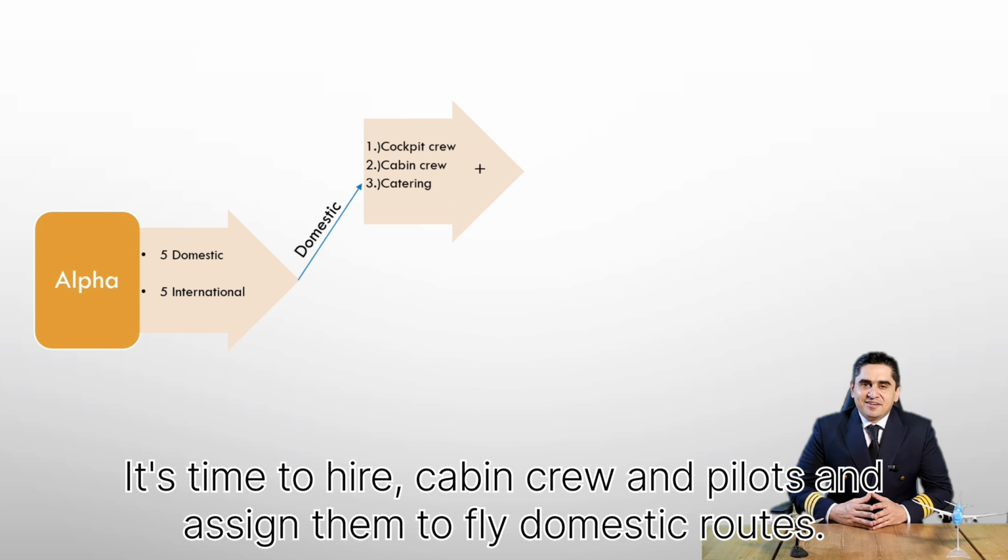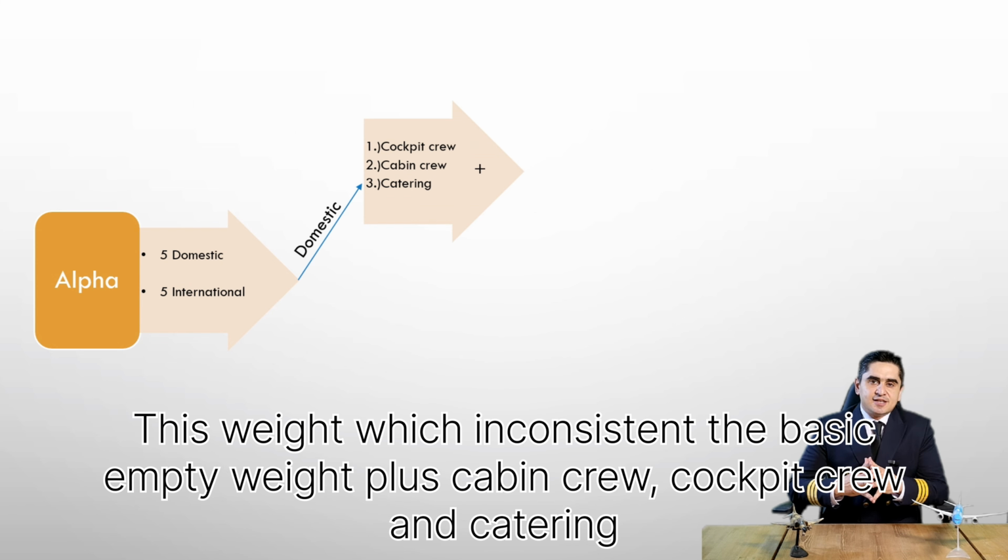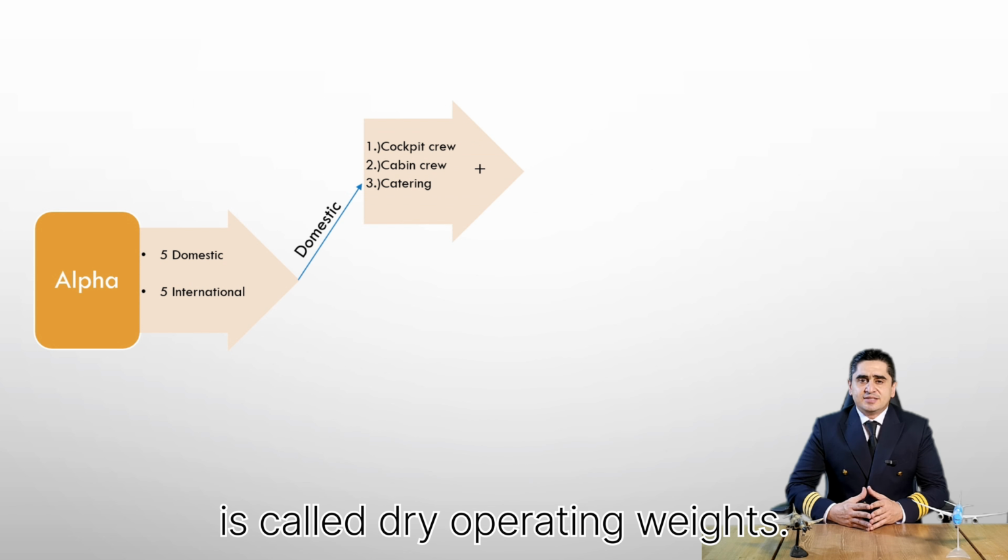It's time to hire cabin crew and pilots and assign them to fly domestic routes. With the addition of catering, the weight of the aircraft changes. This weight, which consists of the basic empty weight plus cabin crew, cockpit crew, and catering, is called dry operating weight.